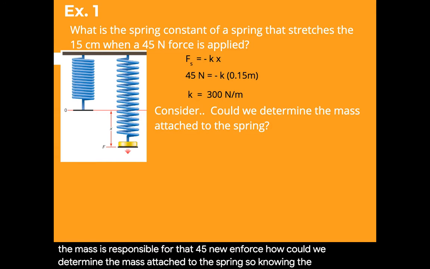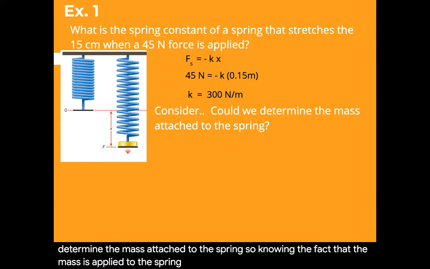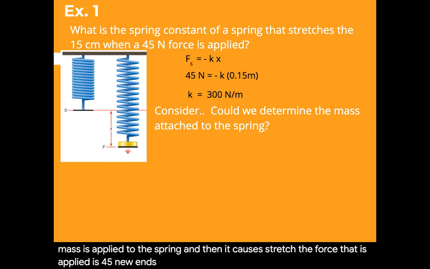So knowing the fact that the mass is applied to the spring and then it causes stretch, the force that is applied is 45 newtons. How could we find the mass? Any ideas?